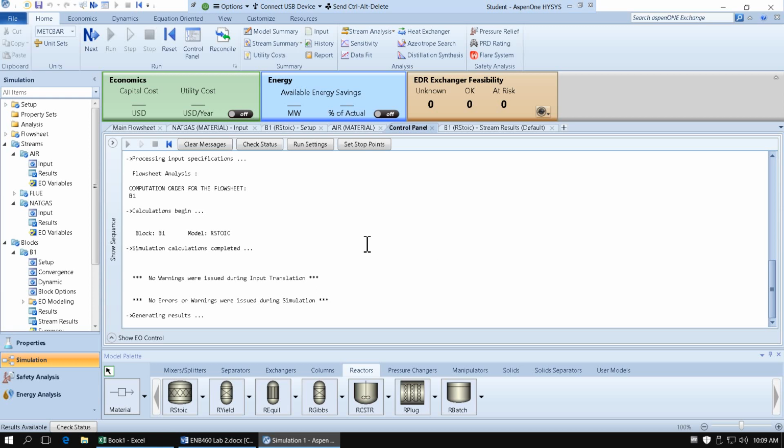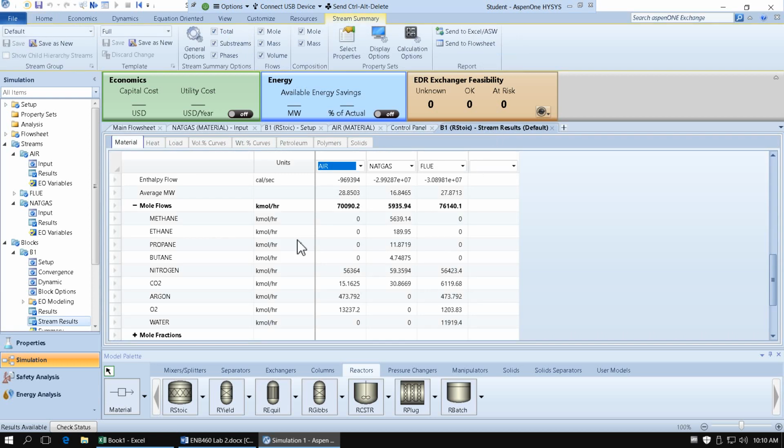All right, so for this instance, no warnings, no errors. And then let's just look at the stream results. So now, flue gas doesn't have any of the combustible components, methane, ethane, propane, and butane there. So that's good.